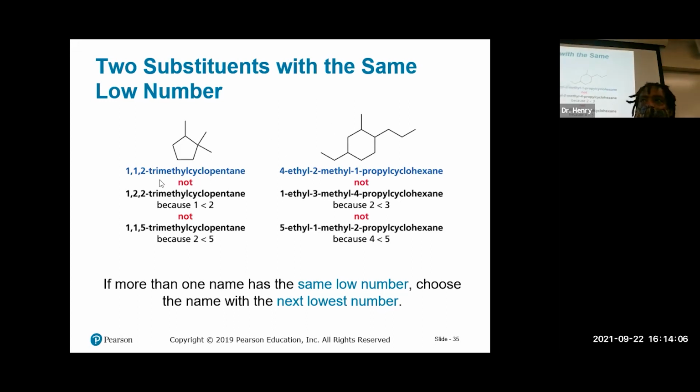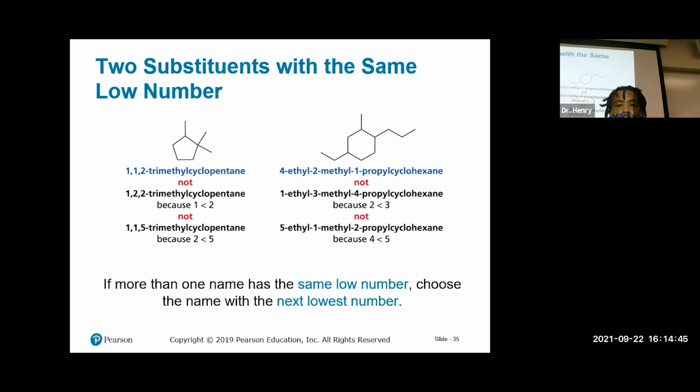So here, again, we want the lowest numbers, right? In this case, we have substitutions where we can decide where the number goes, right? So I could have it go here, or I can go here. We're going to use the one that has the lowest number substitution first. So this guy could be 1, this guy could be 2, or this guy could be 1, or this guy could be 2, right?